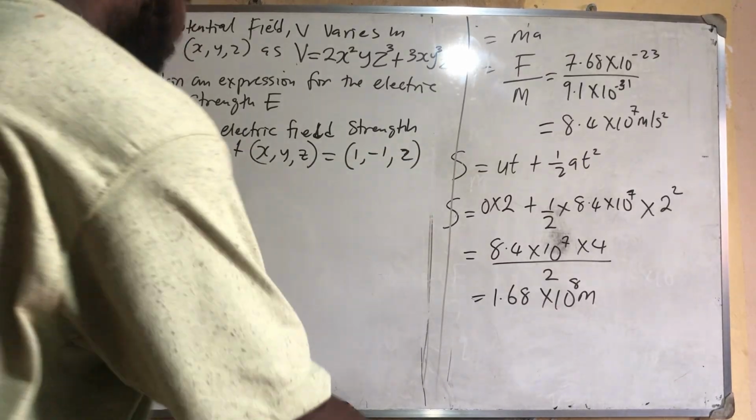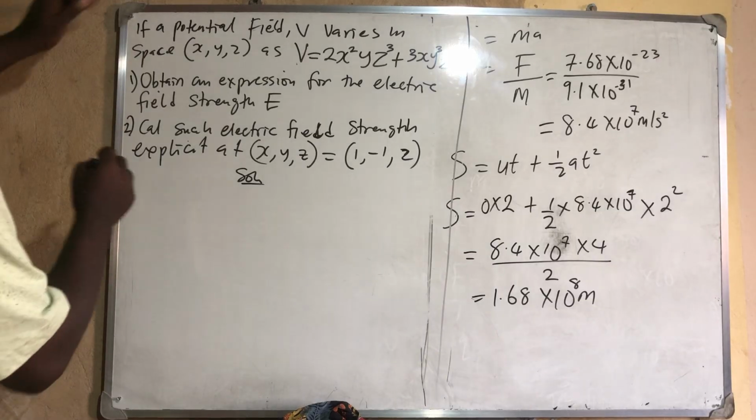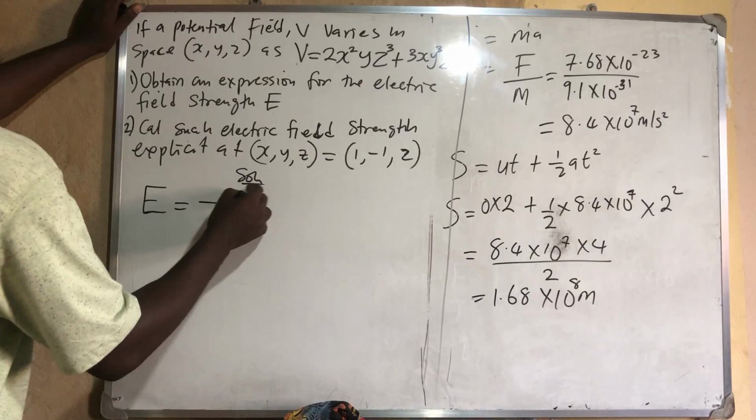Okay, this is a very simple question solution. Now don't forget that electric field strength is equal to what? Minus grad V.